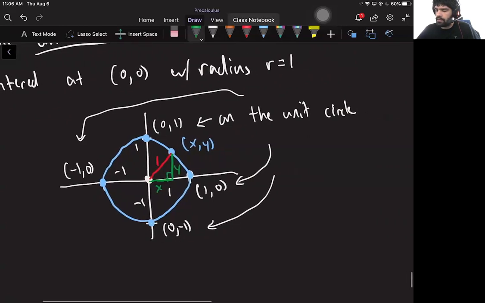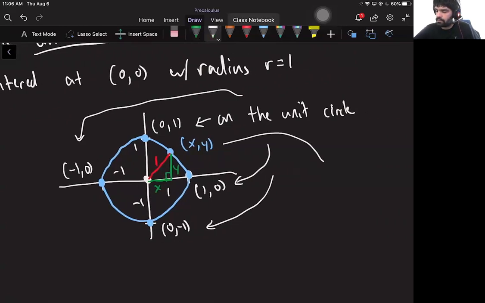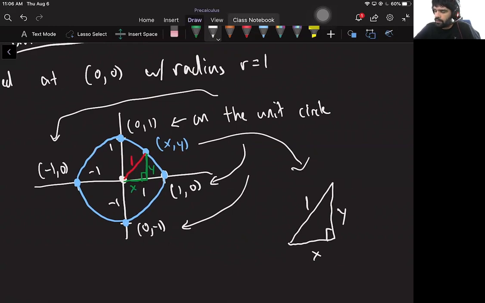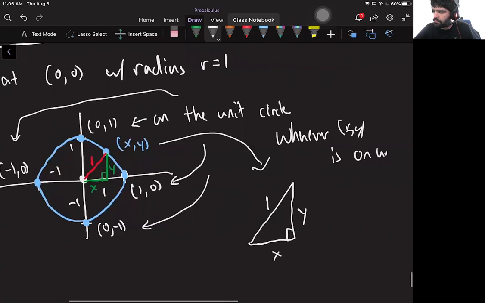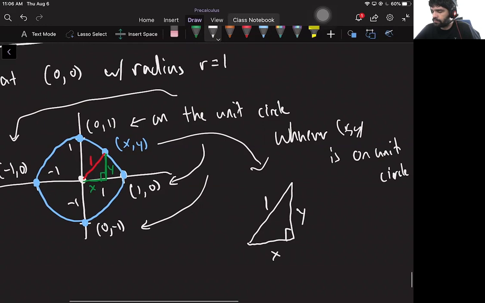So what's happening is, I have a triangle whose height is y and whose base is x and radius is 1. So the point is that whenever xy is on the unit circle, you get a little triangle like this.